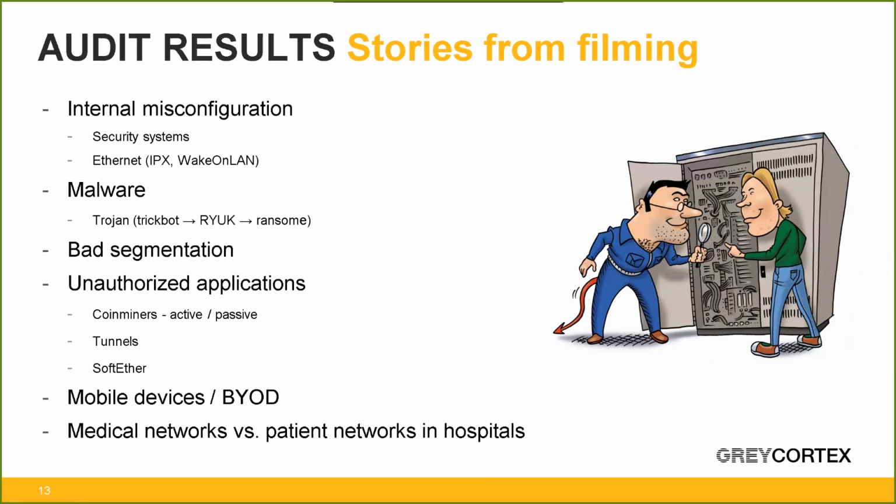The example of bad segmentation was the case of the restaurant and their customers that were able to connect to some other devices on the network of the building. It's also very usual today to see a lot of unauthorized applications, like, for example, coin miners that are basically mining Bitcoins, Ethereum, and other cryptocurrencies that are valuable today.